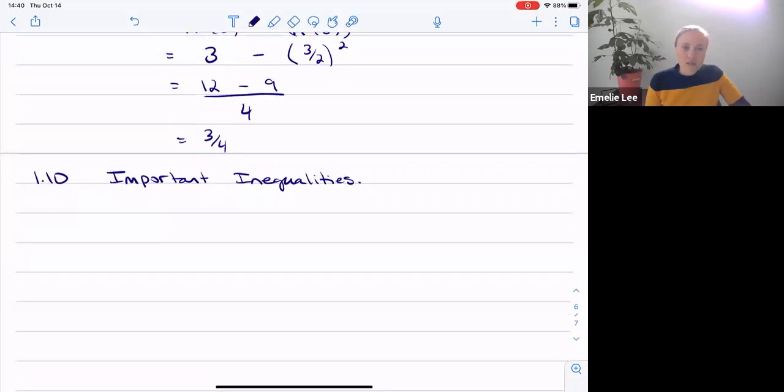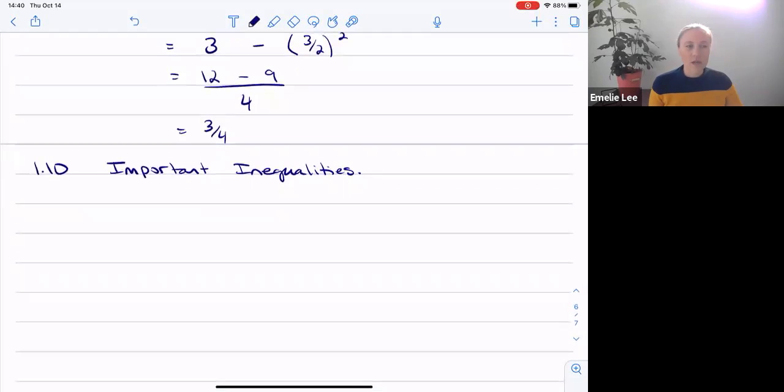Okay, so I'm going to focus on 4 important inequalities that we're going to use. And so I'm just going to introduce them here. We're not going to do the proofs or anything. The proofs are in the textbook, but we just want to have them as tools, okay?